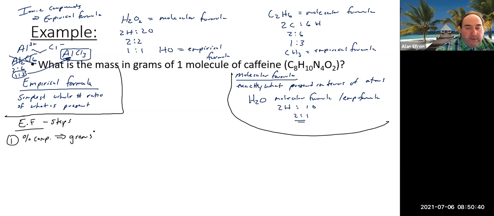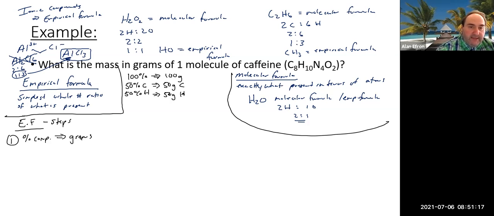So this comes back to a basic concept: if you have 100% of something, it's often good to assume that you have 100 grams. What I mean by that is if you're told it's 50% carbon and 50% hydrogen, and you assume you have 100 grams of your substance, that would tell you that you have 50 grams of carbon and 50 grams of hydrogen.